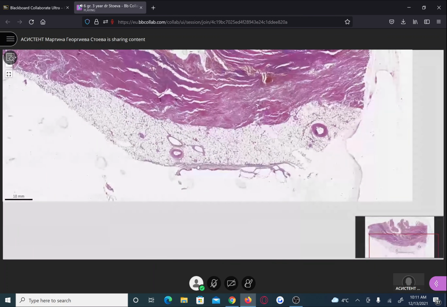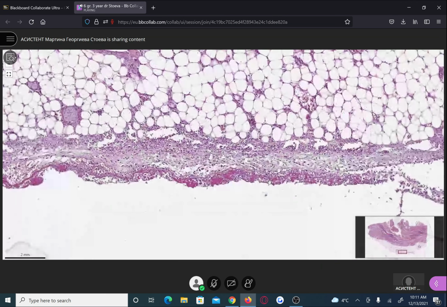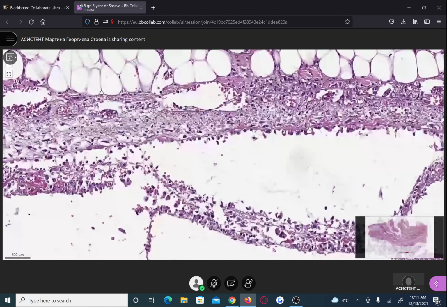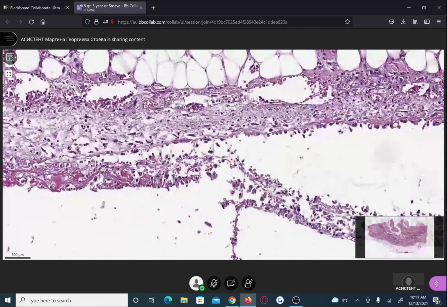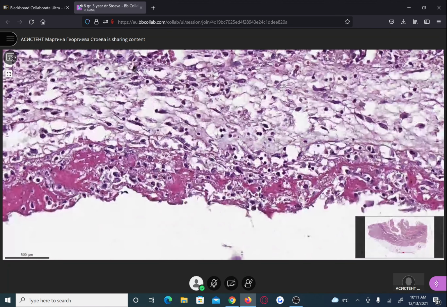There is also something over the pericardial surface. When we zoom in at this area, so here this is the pericardium lined by one layer of mesothelial cells, but we can find that there is also an area with a deposition of something.